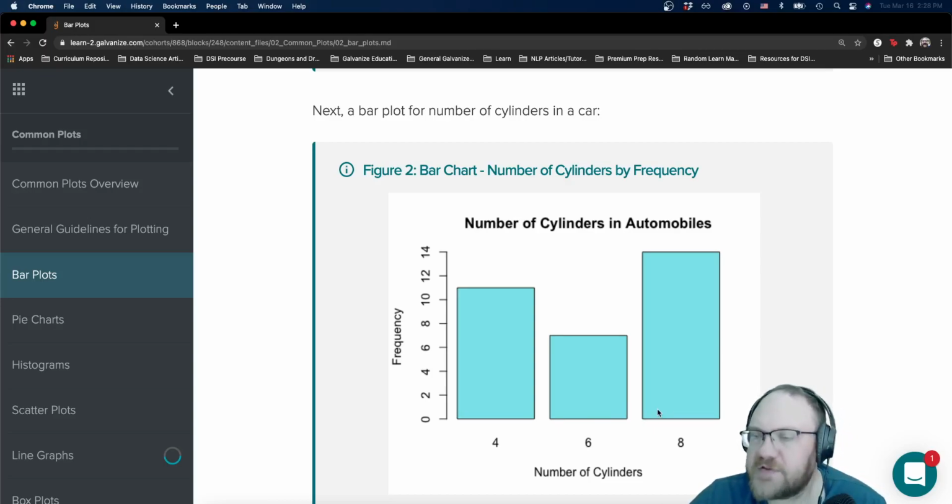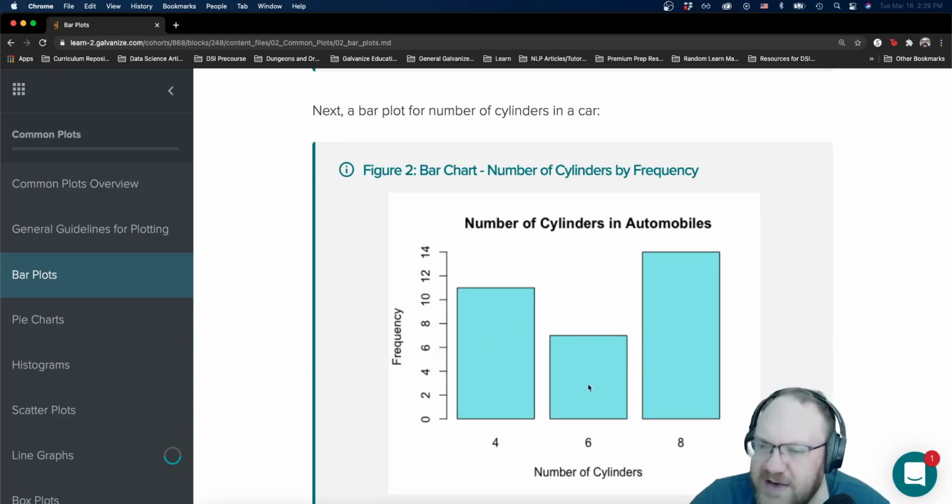There are some 5-cylinder cars out there, but there are certainly not any 3.2 cylinder cars or any 5.7 cylinder cars, right? There are discrete possible outcomes as to the number of cylinders in automobiles, and that would inform you to maybe use a bar chart instead of a histogram, although in reality, those are sometimes used interchangeably, especially when you're dealing with a bar chart that might talk about frequency.